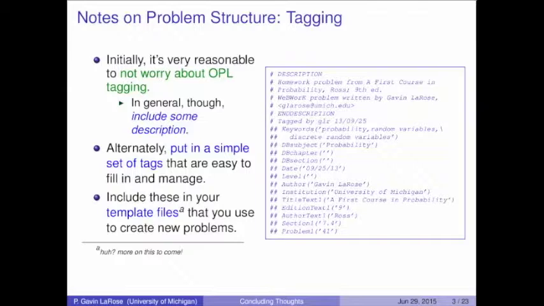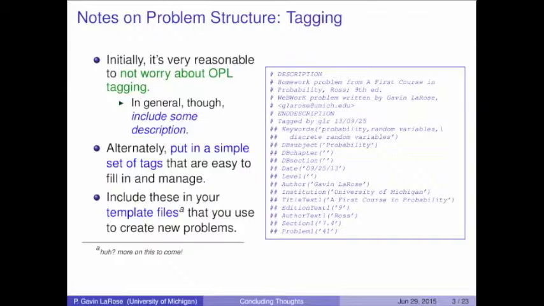For a very long time when I was starting to write these, I didn't really worry about tagging the problems terribly well. So what I tried to do was put in some sort of description, like that first little stanza where I have description and about what the problem actually is. All of the tags with the double hashes and the leading thing that looks like a function call, like keywords and DB subject and chapter and so on, are actual database tags.